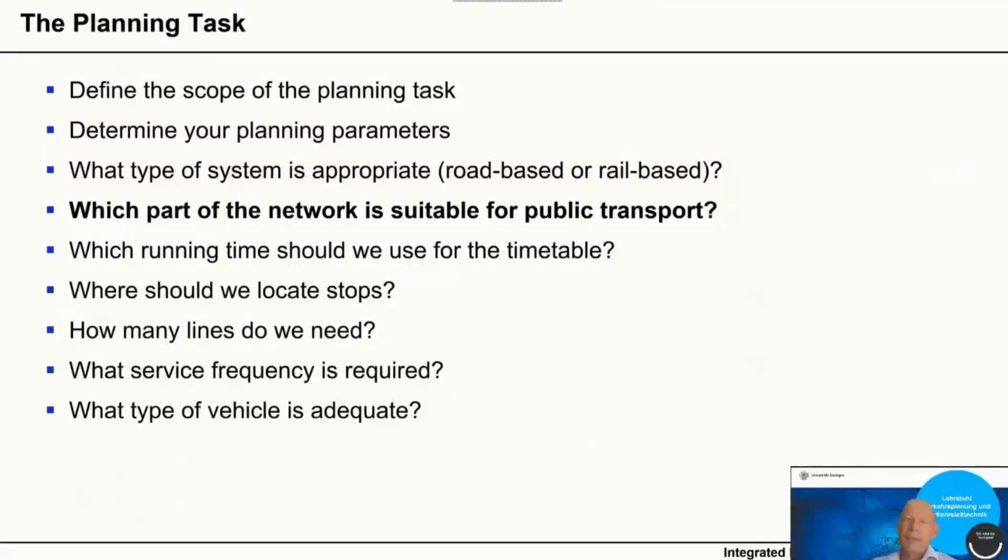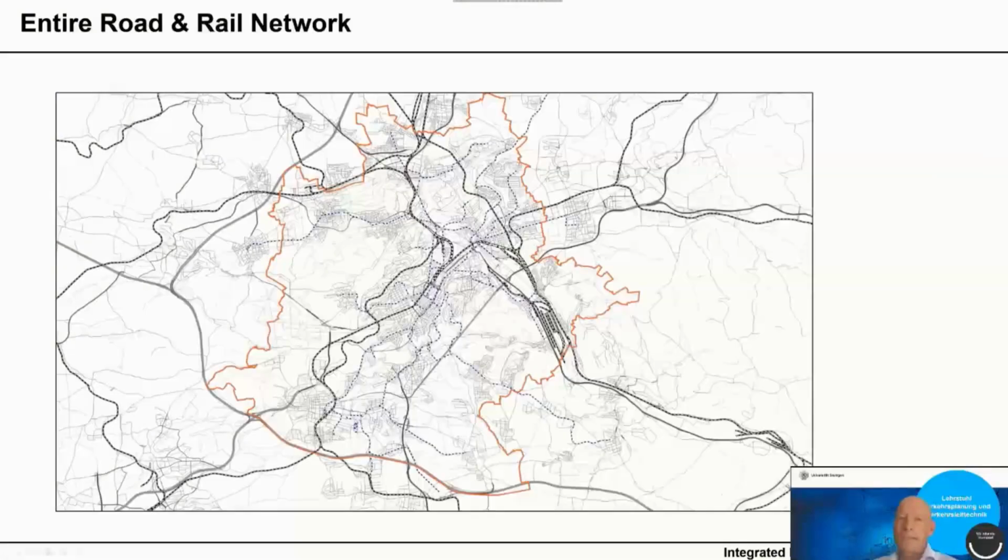Next step, which part of the network is suitable for public transport? This is the city of Stuttgart with the entire rail and road network. You may see in black the railway network, here for the commuter trains, the S-Bahn.